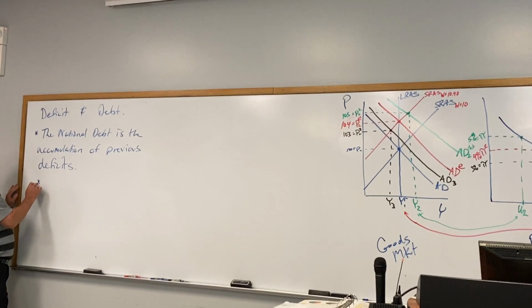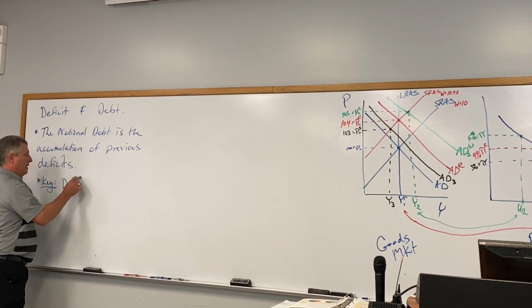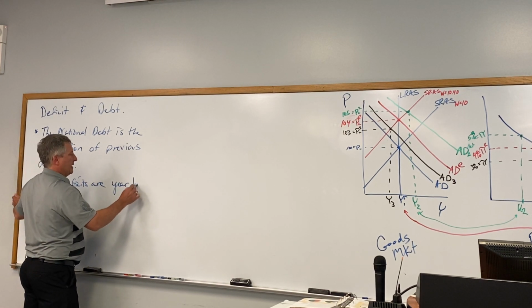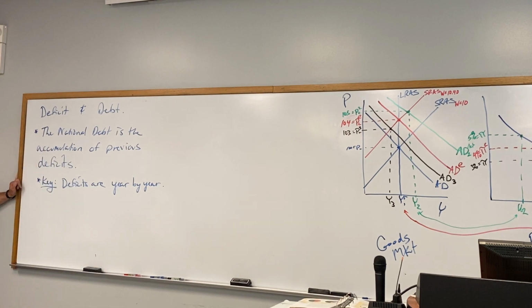So the key point is deficits are year by year. They are a flow variable, and debts are a stock variable.